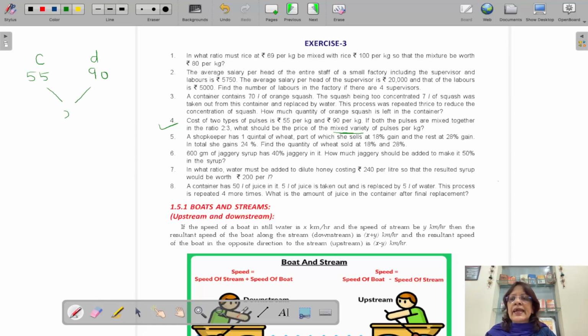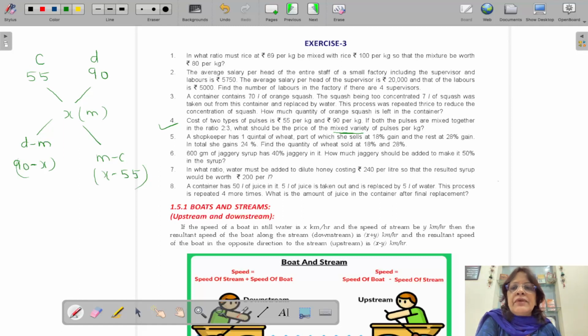So let us take X as this. So D minus M here will be 90 minus X, and this M minus C will be X minus 55. What is the ratio given over here?